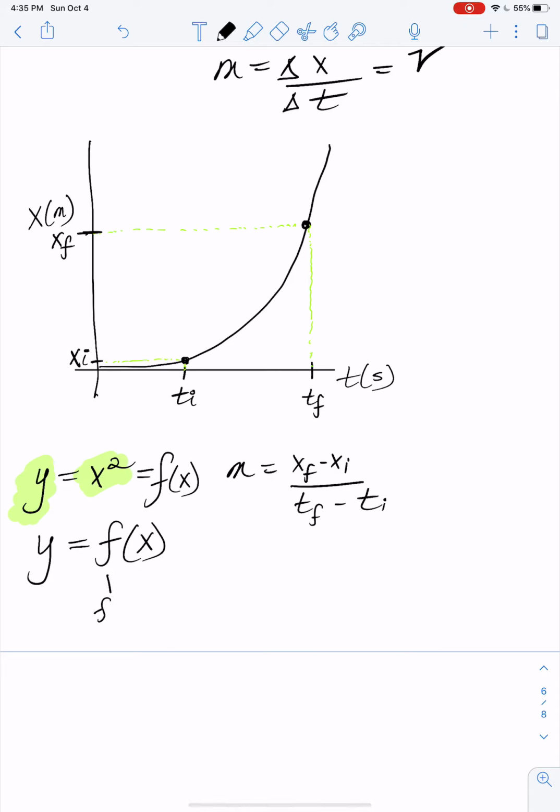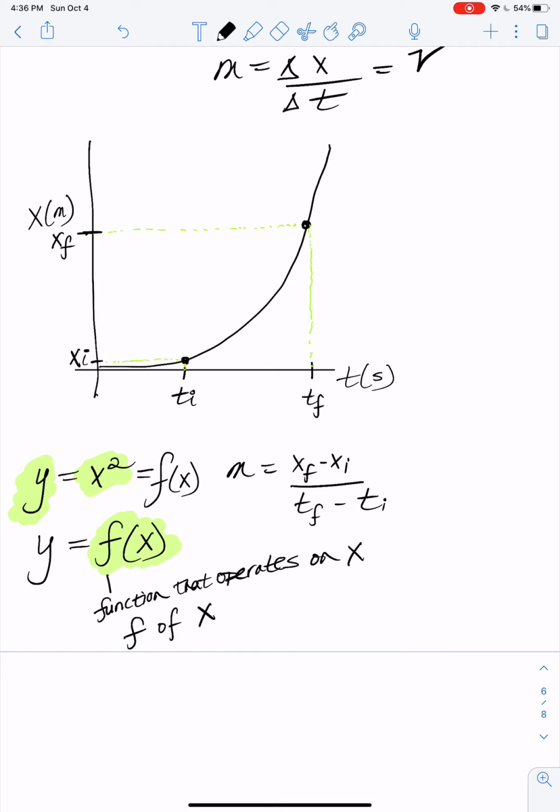This means function that operates on x. So when you see f parentheses x, this means f of x.